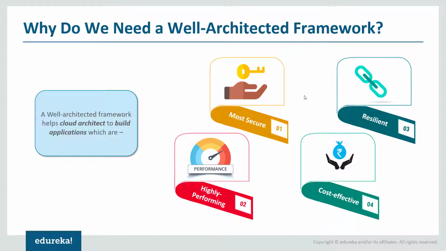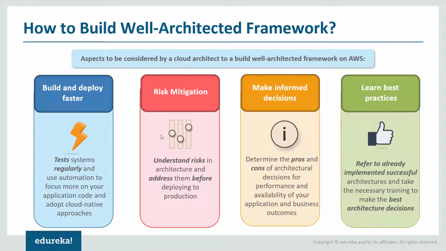And let us see how we build a well-architected framework. Whenever you are trying to build or optimize existing infrastructure, it is very important to consider these four factors. First is build and deploy faster.